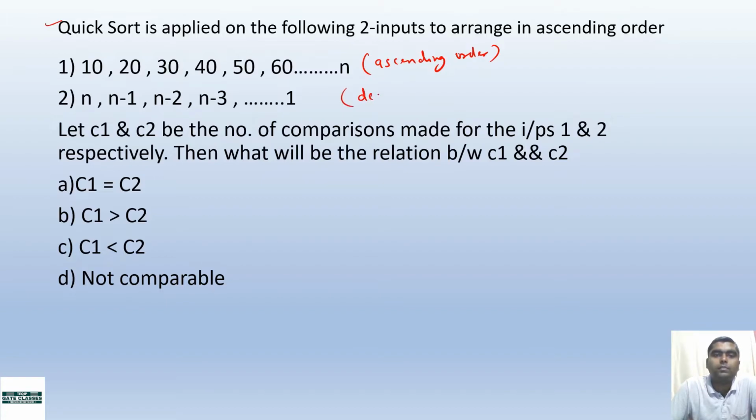The question says let C1 and C2 be the number of comparisons made for input 1 and 2 respectively. So this is input 1 and this is input 2. Then what will be the relation between C1 and C2?